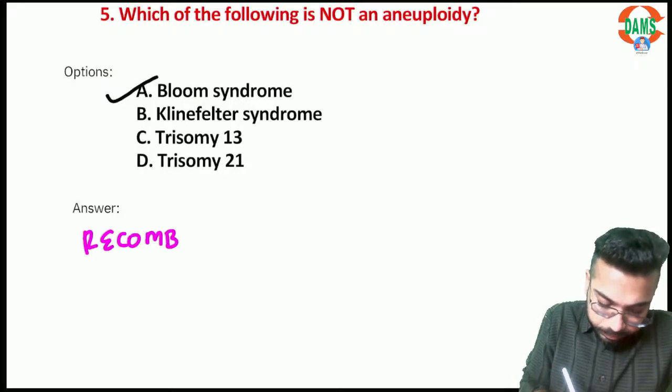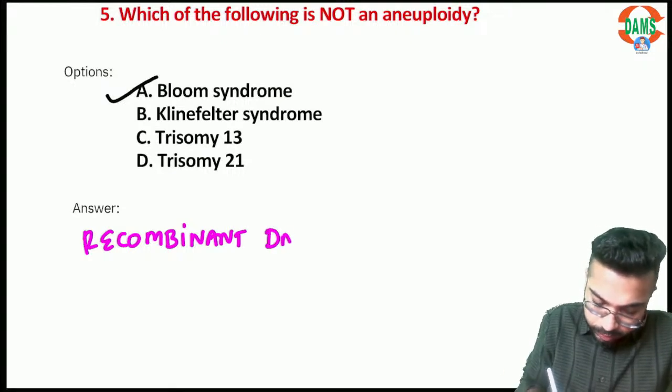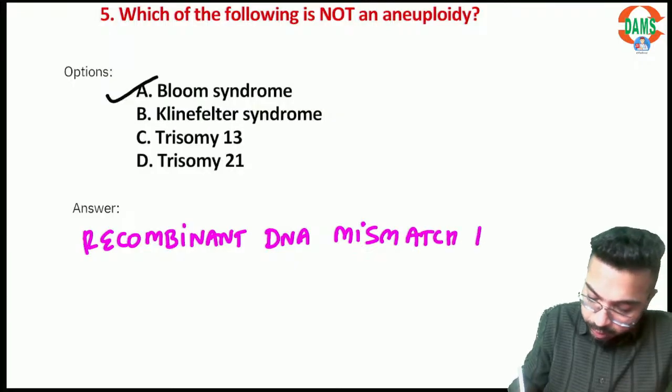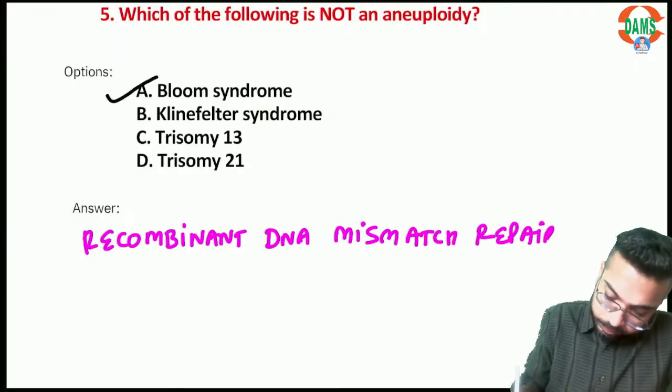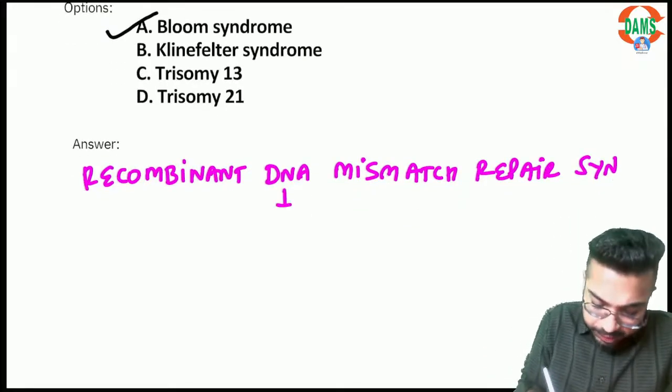Recombinant DNA mismatch repair syndrome. We discussed this. It occurs because of a helicase gene mutation.